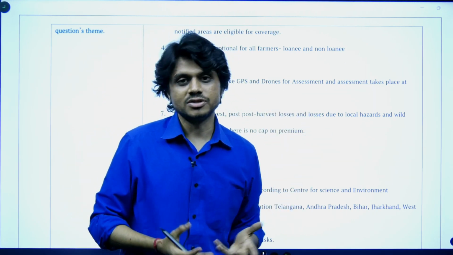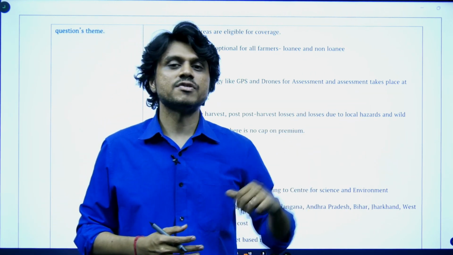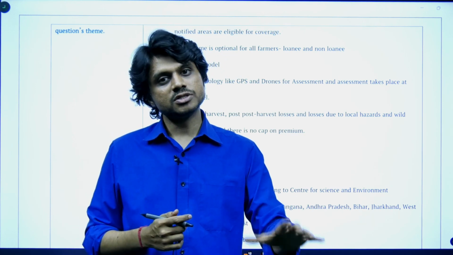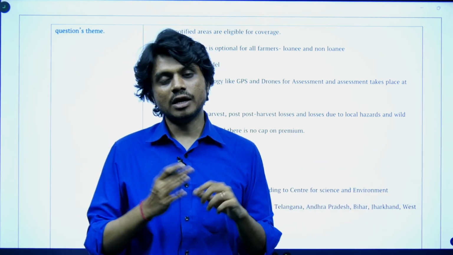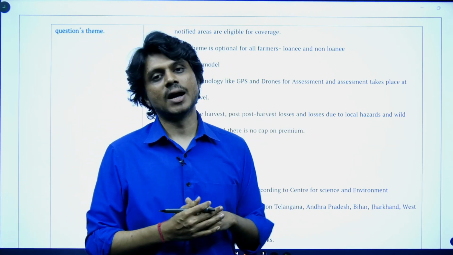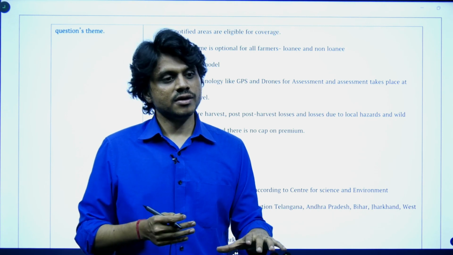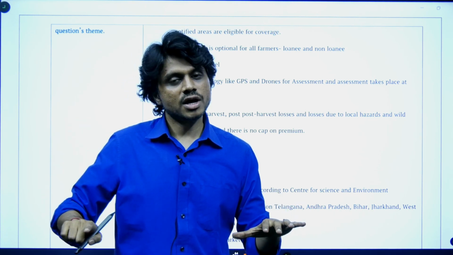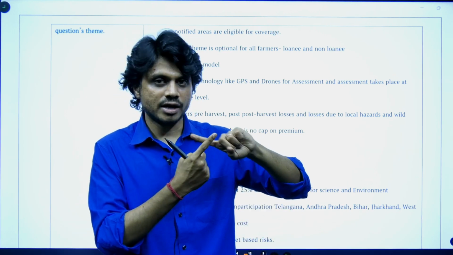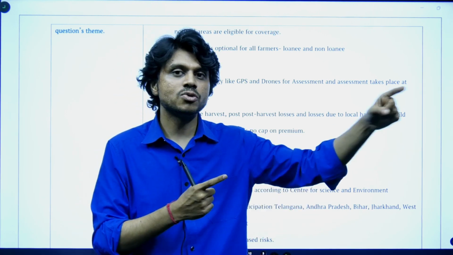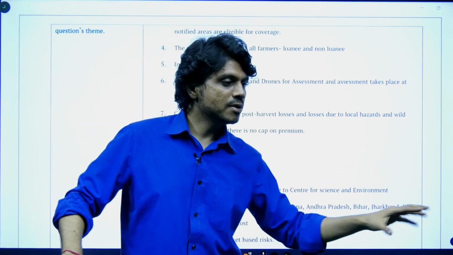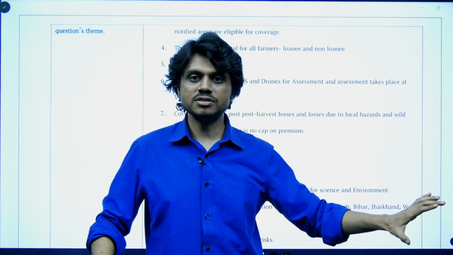This is the expectation, but expectation is always far away from reality. CAG has found only 25% of the farmers have this coverage, and they have also seen that these insurance companies are colluding with the banks. They are releasing the amount to the bank without farmers getting that money, and that money will be shared between the insurance companies and the banks.